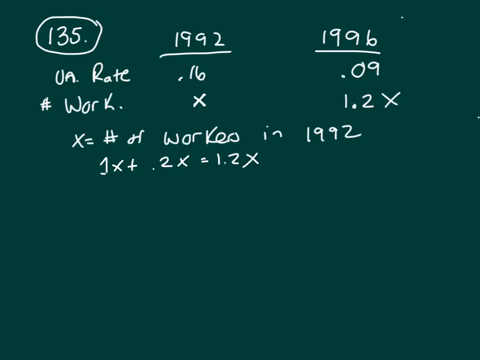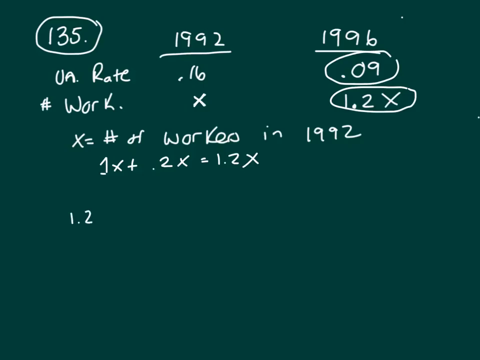So let me see. I've got 1.2x workers in 1996, and the unemployment rate is 0.09. So if I multiply those two, I'll have my number of workers.